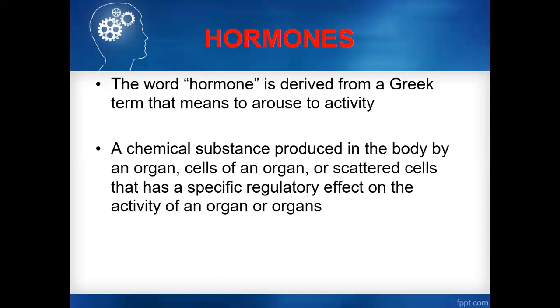Without even entering the systemic circulation. So a hormone has a specific regulatory effect on the activity of an organ or organs. You will learn more of these regulatory effects on certain organs as we go on with our discussion.